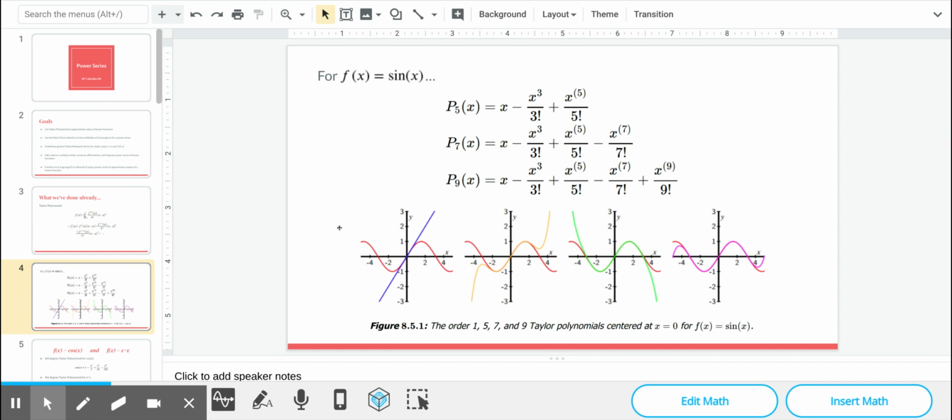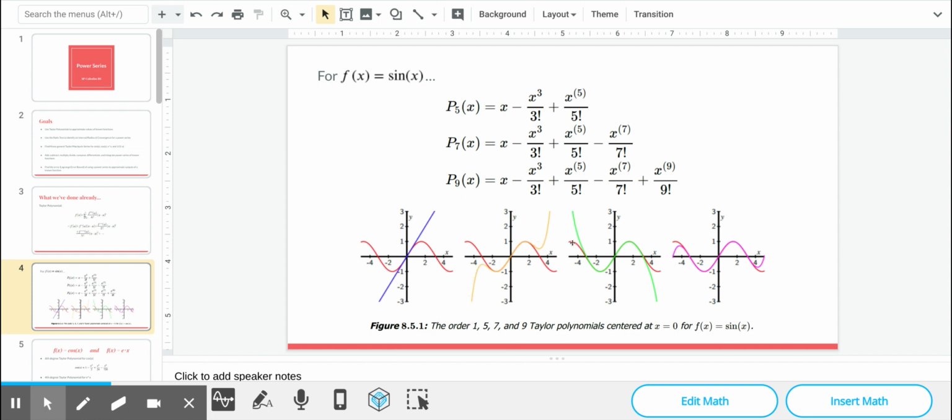And then finally, this is how the graphical representation looks. Here is the 1st degree Taylor polynomial for sine mapped onto the actual sine function, and then we just keep getting further and further along.